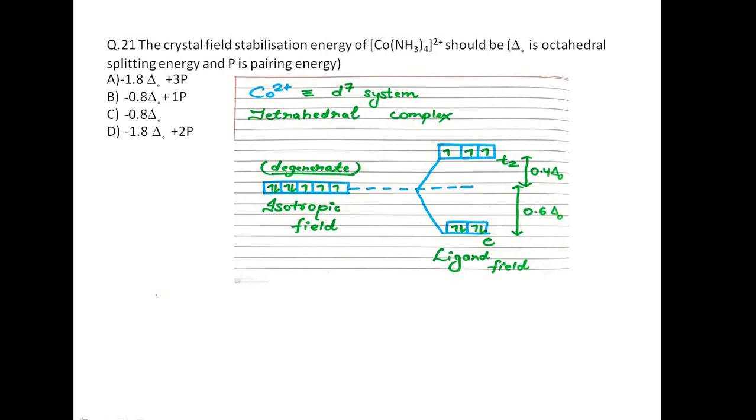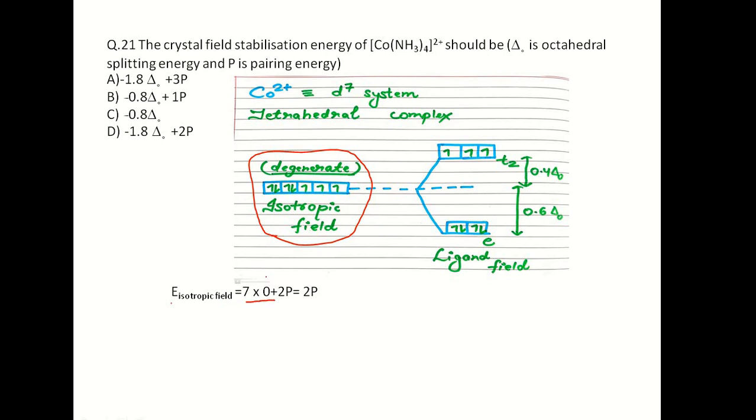Alright, so in the absence of ligands, when all the d orbitals are degenerate, in the isotropic field, the electrons are arranged in such a manner. And so the energy for isotropic field will be 7 into 0.